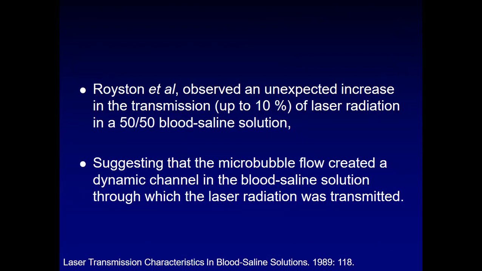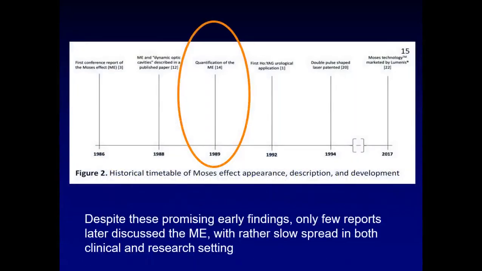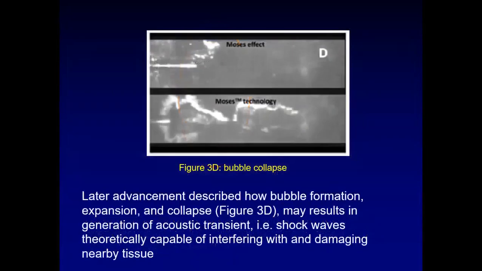They saw that there is a 10% increase in transmission of the energy, suggesting that the microbubble flow created a dynamic channel in the blood saline solution through which the laser radiation was transmitted. In 1989, despite these promising early findings, only a few reports later discussed the Moses effect, with rather slow spread in both clinical and research settings.